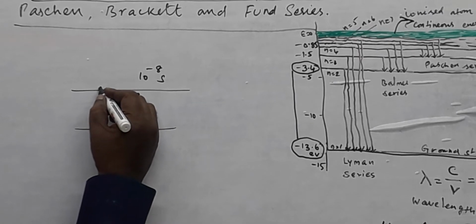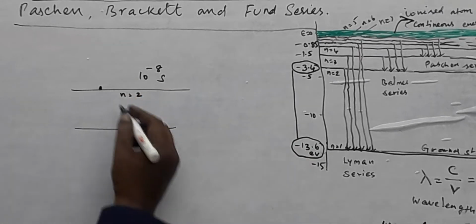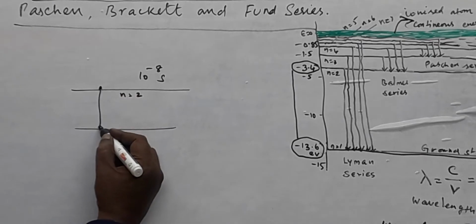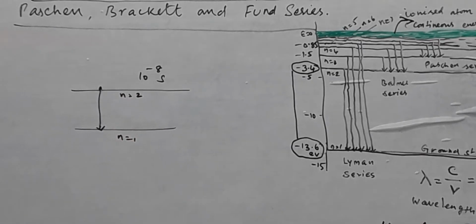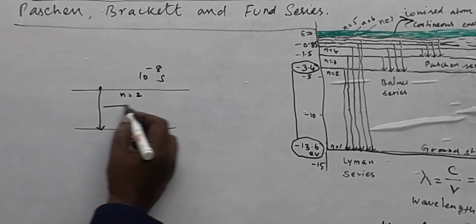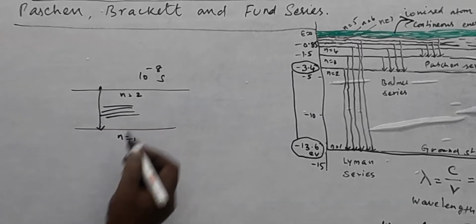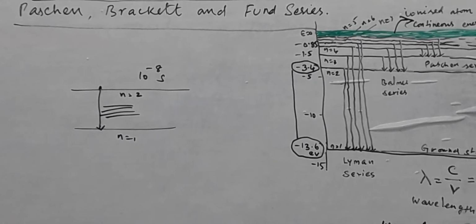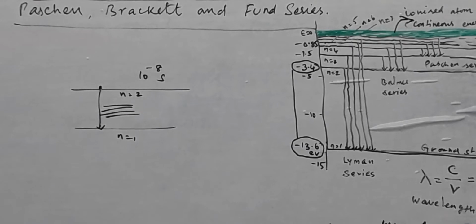After that, it radiates the energy and comes back to the normal state, the ground state. During this period, it emits radiation. That is the history of the line spectra.